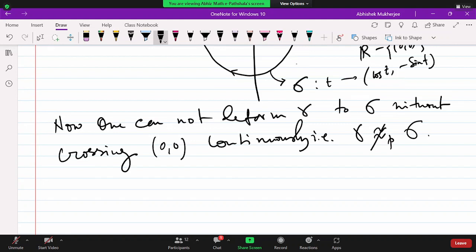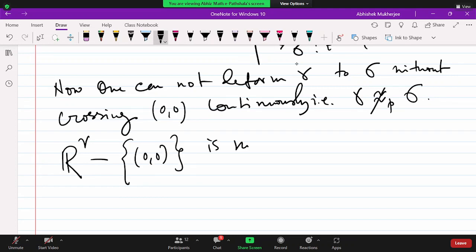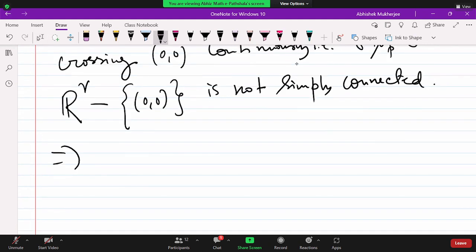So certainly, in view of this, this proves that this is not simply connected, right? Although it is path connected, it is not simply connected. So with respect to this space, the fundamental group of this space will not be a trivial group, right?